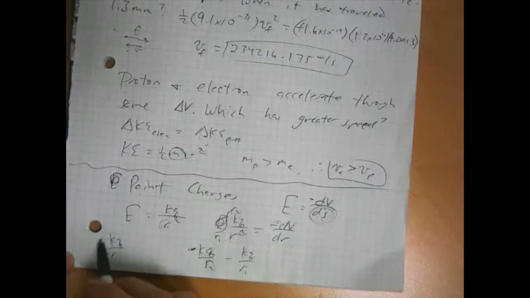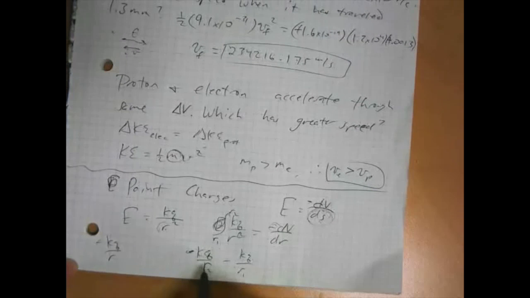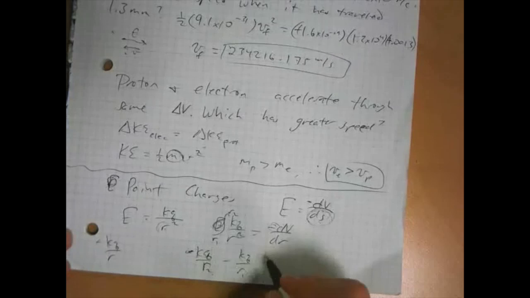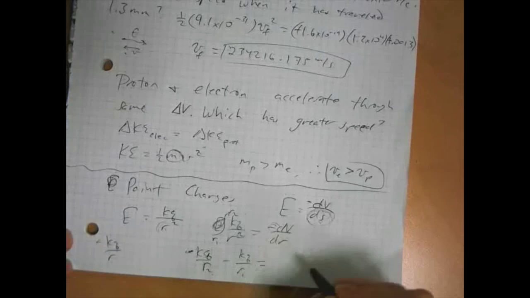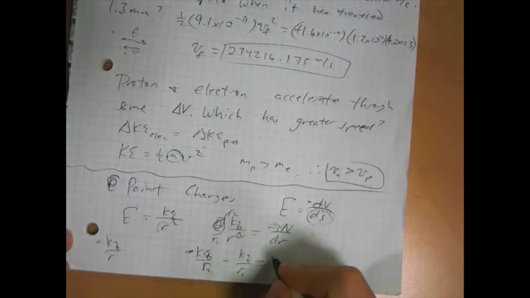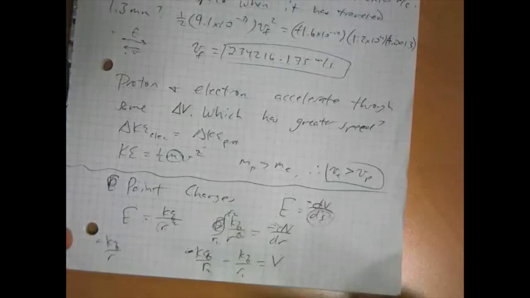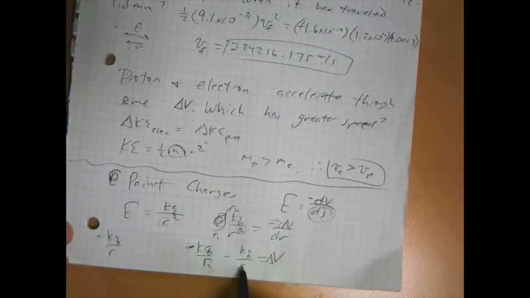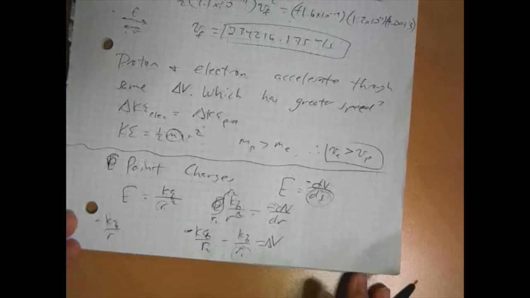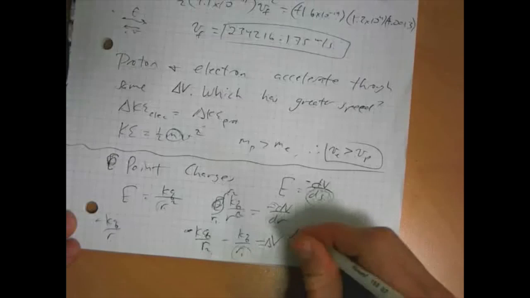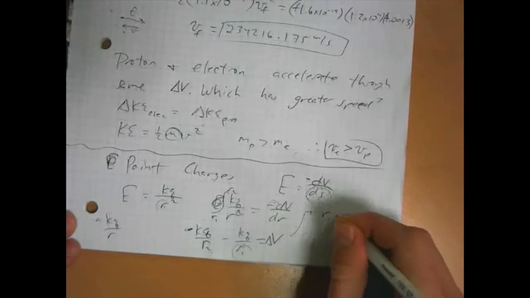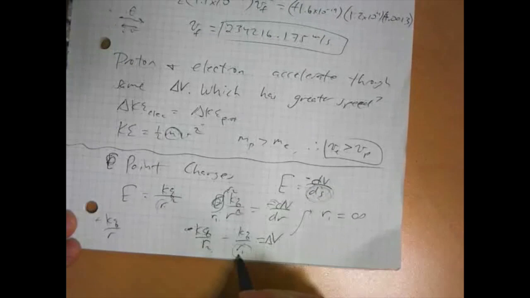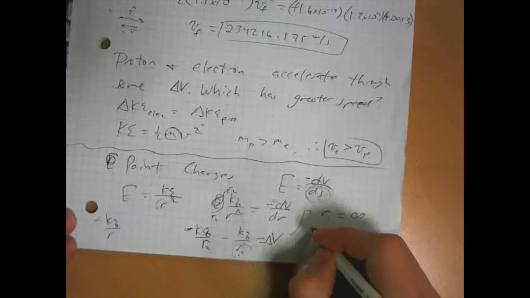So this is kq over r2 minus kq over r1, and that's equal to our change in potential for a point charge. And remember, we can set the zero wherever we want. So we set r1 equal to infinity, and then our potential is just kq over r.